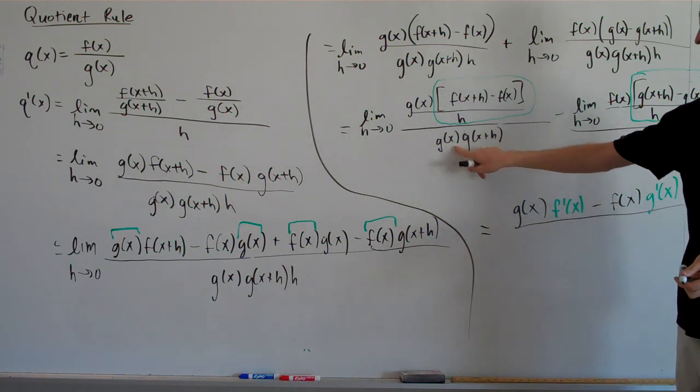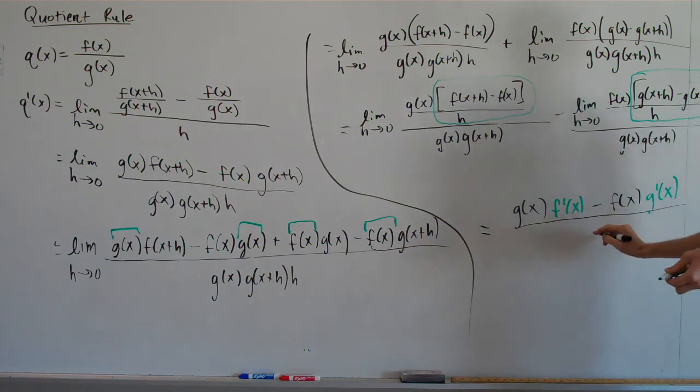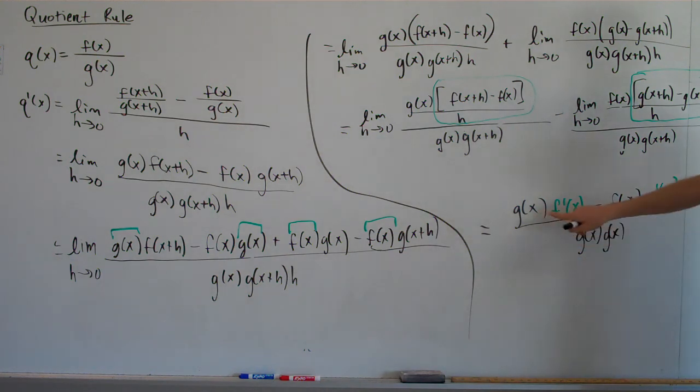When h goes to 0, you have g of x, which is g of x squared, also known as low d high minus high d low over low, low. So there we have the quotient rule proved abstractly.